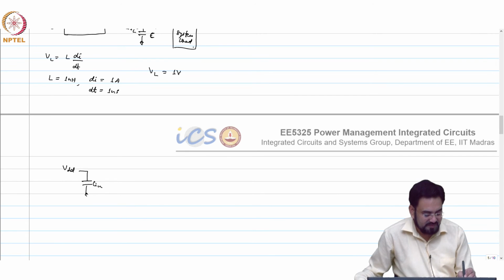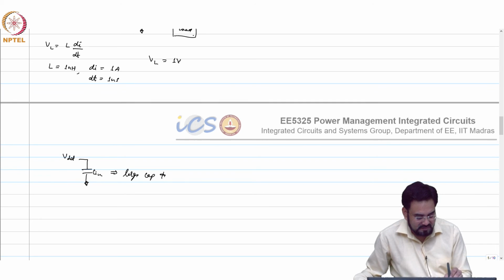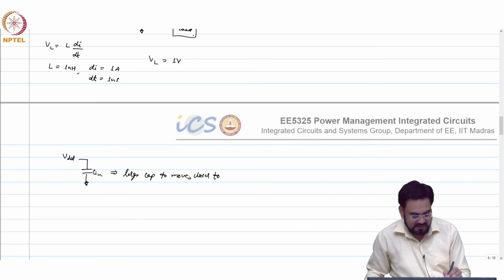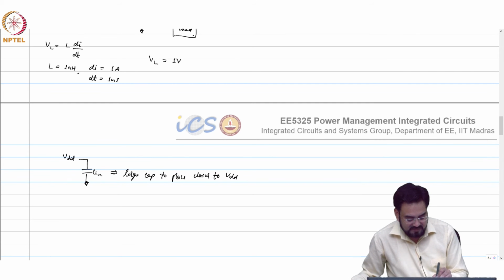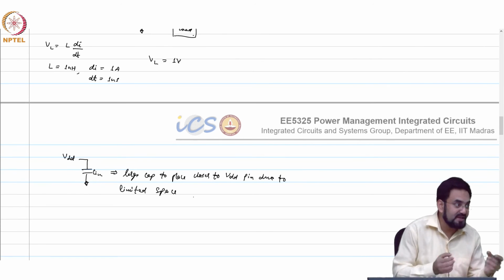So if this is, let's say, a large cap, it is difficult to place it closer to VDD in due to limited space. But if I have a smaller cap, then I can put it.